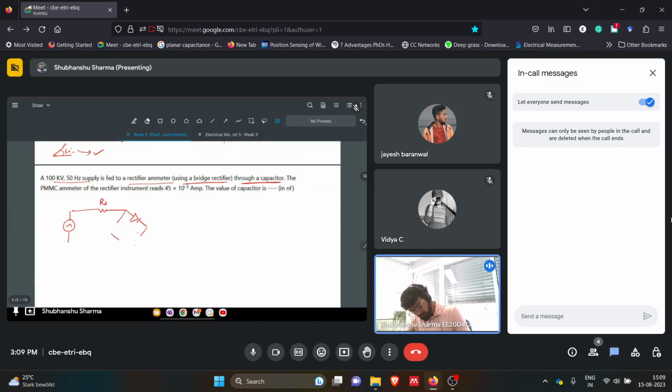The current will be like this, and it will be like this. So this is our voltmeter, and this is the series multiplier.